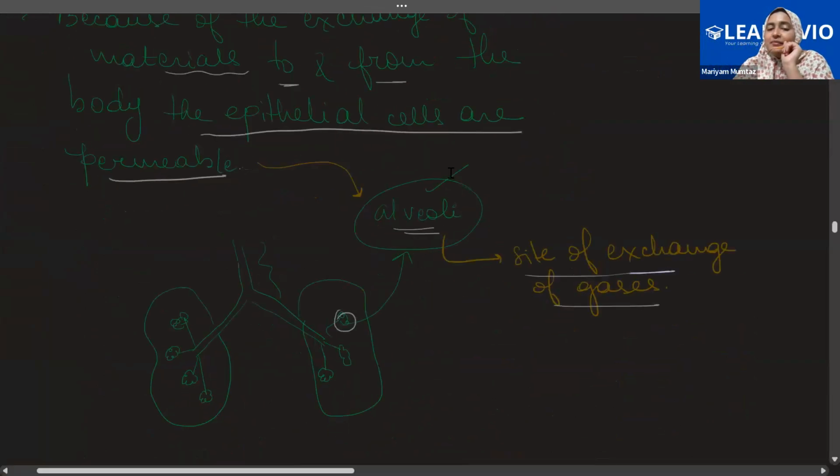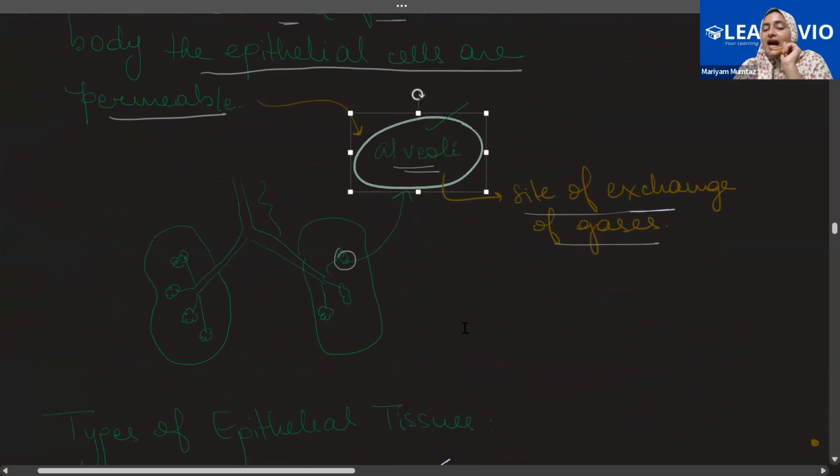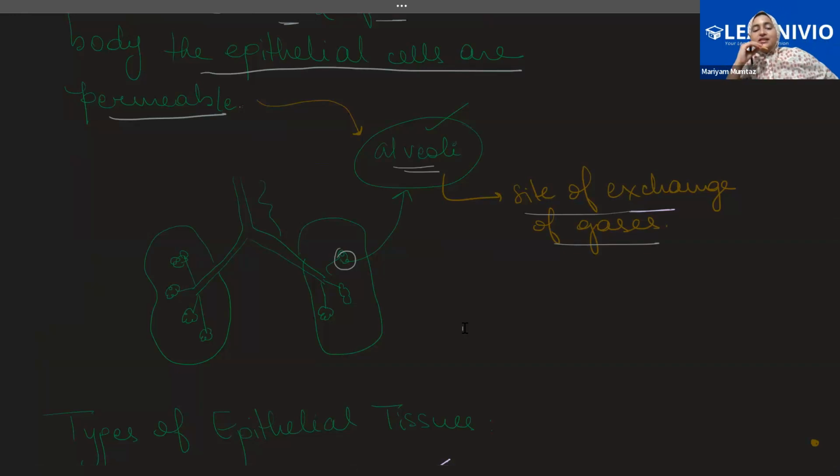The best example is alveoli. See, alveoli are balloon-like structures found inside our lungs. Whenever we breathe in, whenever we inhale, the oxygen goes from the nose into the trachea, into the bronchi, and ultimately it goes inside the lungs, into the alveoli.